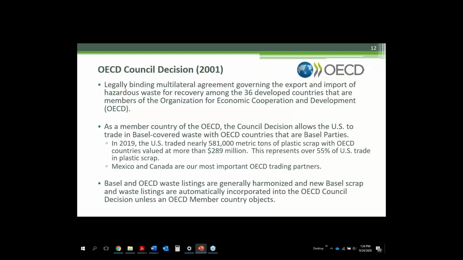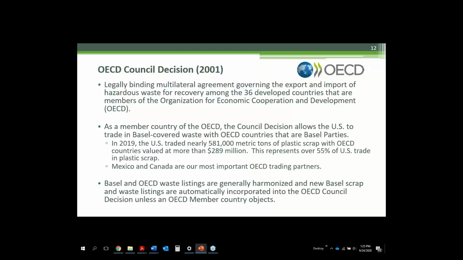It's valued at almost $300 million, and it represents over half of US plastic scrap trade. Understandably, Mexico and Canada are very close, and so historically they have been major trading partners for us on a wide variety of scrap, including plastic scrap.